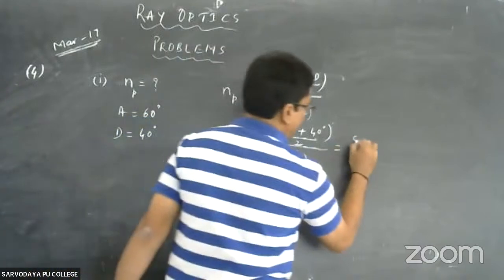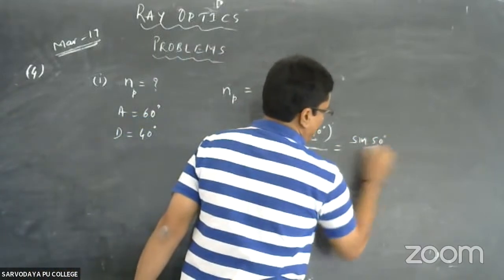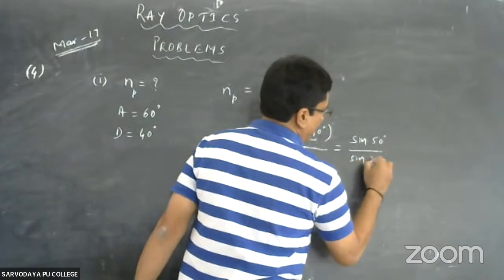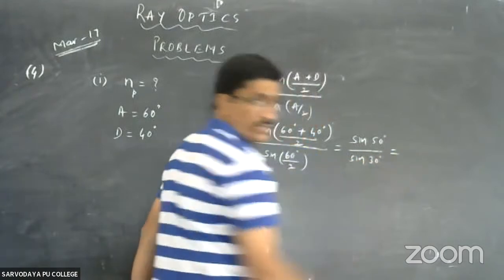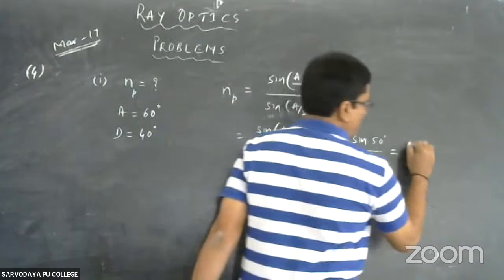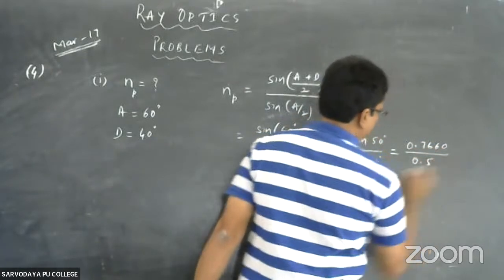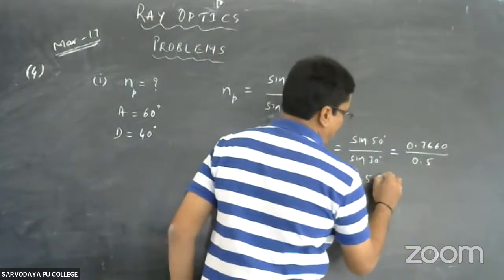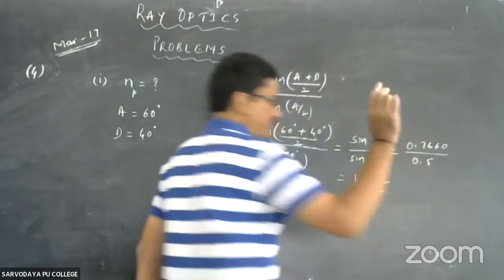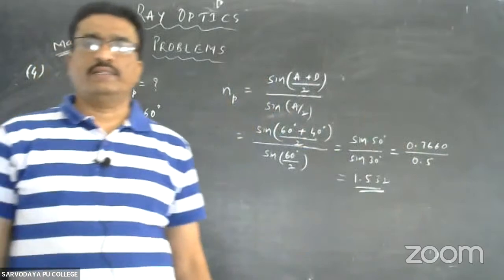Therefore, it is sin 50 degree by sin 30 degree. Already in the previous problem I have given this one is 0.7660, this is 0.5, and therefore 1.532. Okay, the first part.